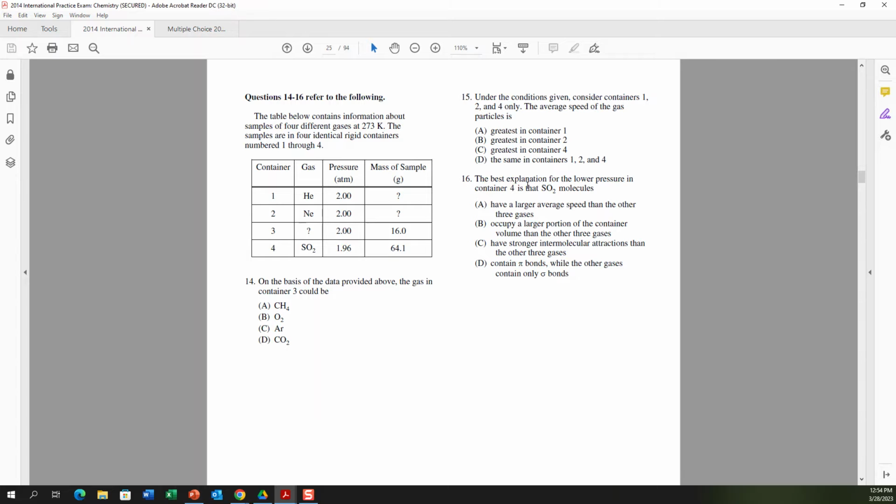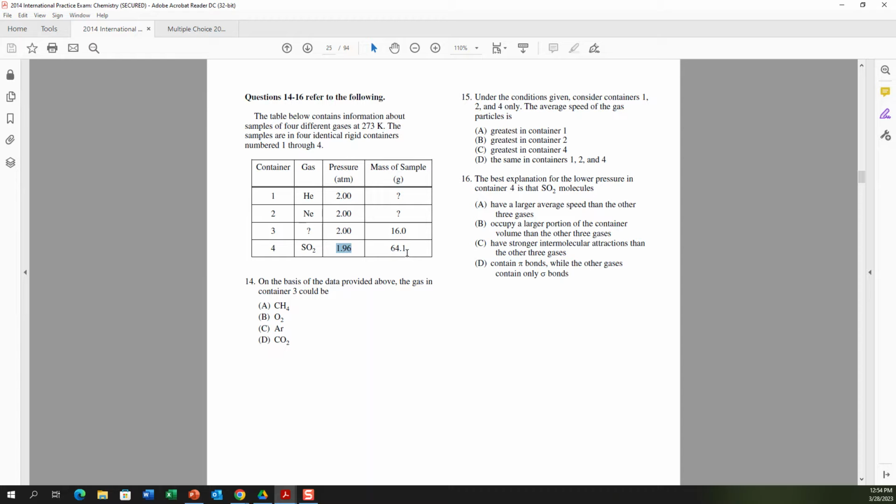And then 16, the best explanation for the lower pressure in container 4. So why is it deviating from ideal behavior? Remember, you have two possible reasons why something might not be behaving ideally, and it's because of either particle volume or IMFs. So what would cause SO2 to not have as high of a pressure in the same size container with the same number of particles?